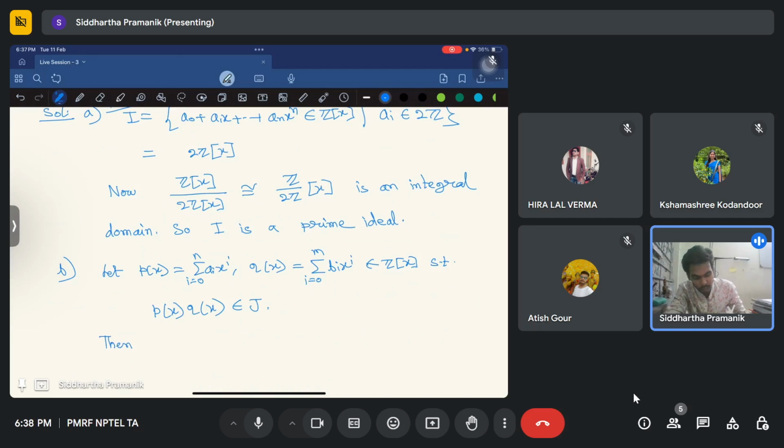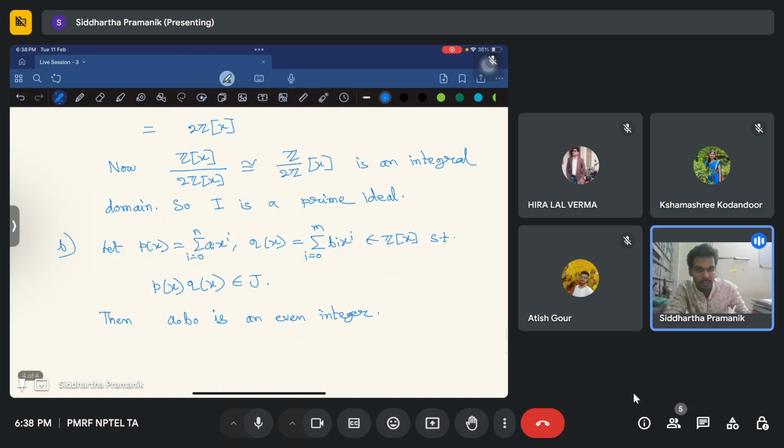Now what is the constant term of this product? The constant term of this product is just a0 times b0, so it is an even integer. Now the product of two integers is even. That means one of the two integers must be an even integer. Or you can phrase it like, a0 times b0 belongs to 2Z. But 2Z is a prime ideal. So a0 belongs to 2Z or b0 belongs to 2Z.